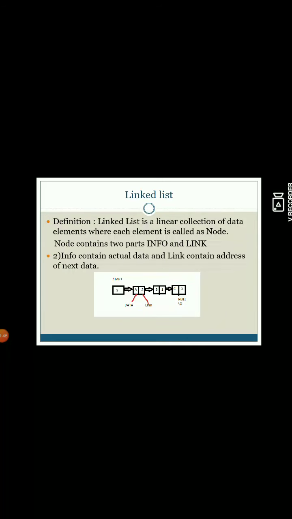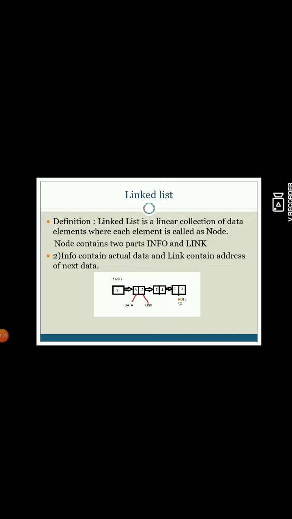So first of all, the definition of the linked list. Linked list is a linear collection of data, where each data or each element of the linked list is called a node. Here every node is represented with the symbol of a rectangle having two parts. So node is nothing but a rectangle with two parts.